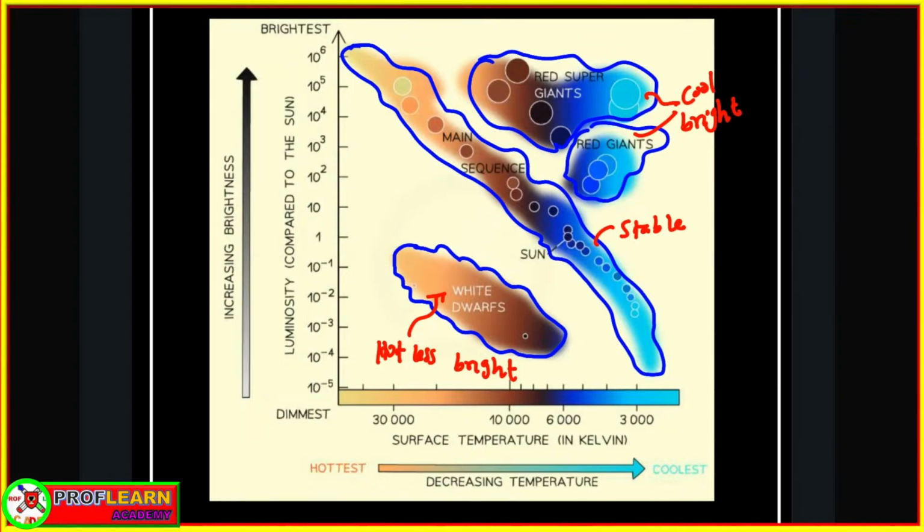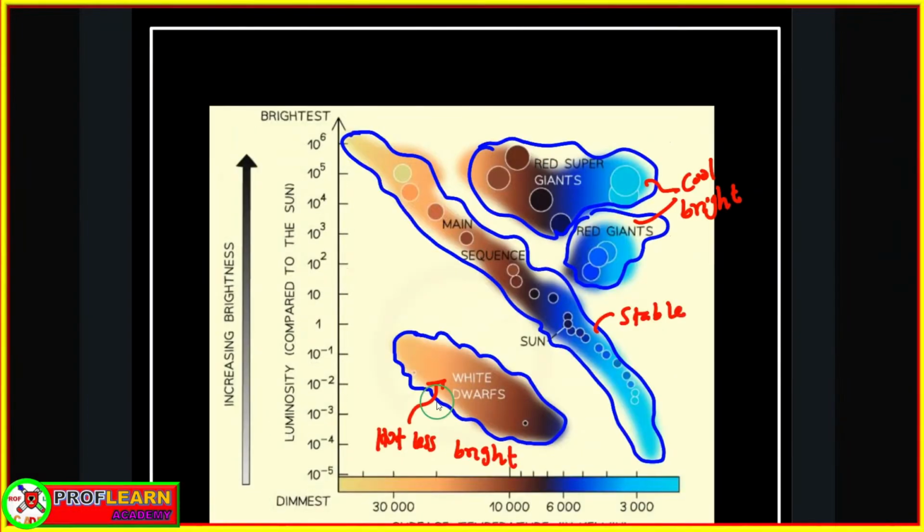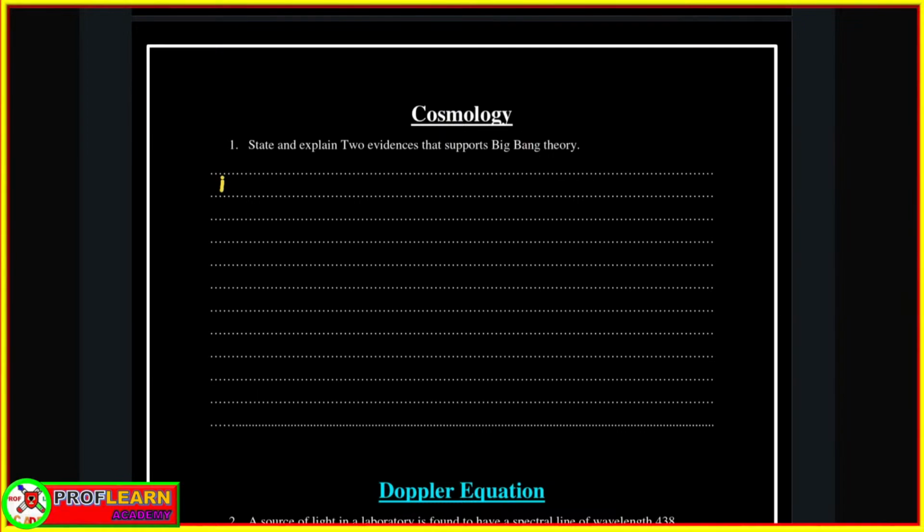That's why they are on the top part of the HR diagram. Also remember that on the x-axis we have color, and on the y-axis we have the luminosity.